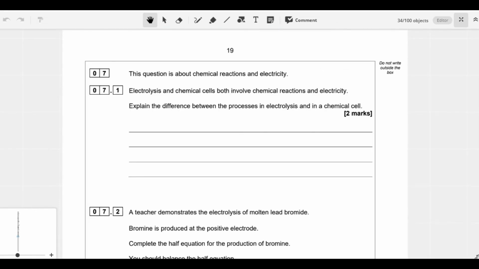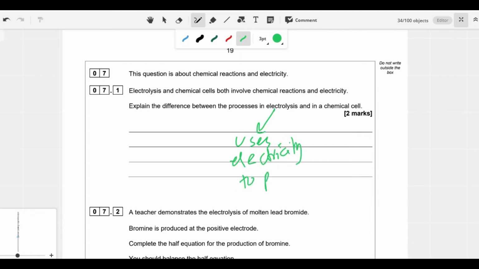Now question number 7 is about chemical reactions and electricity. Electrolysis and chemical cells both involve chemical reactions and electricity. Explain the difference between the process in electrolysis and in the chemical cell. Remember that electrolysis uses electricity to produce a chemical reaction.